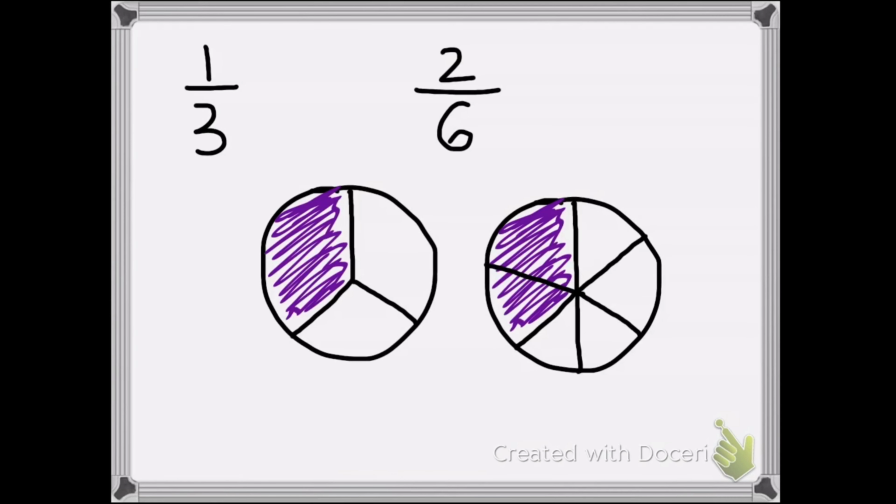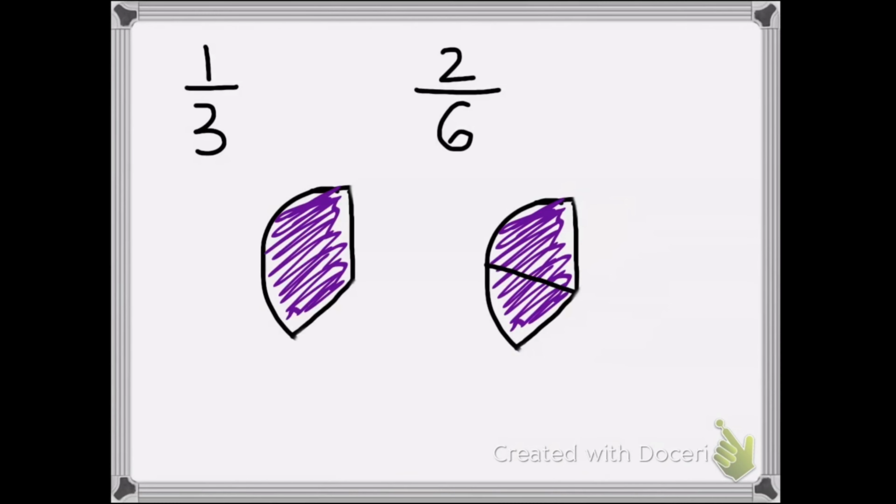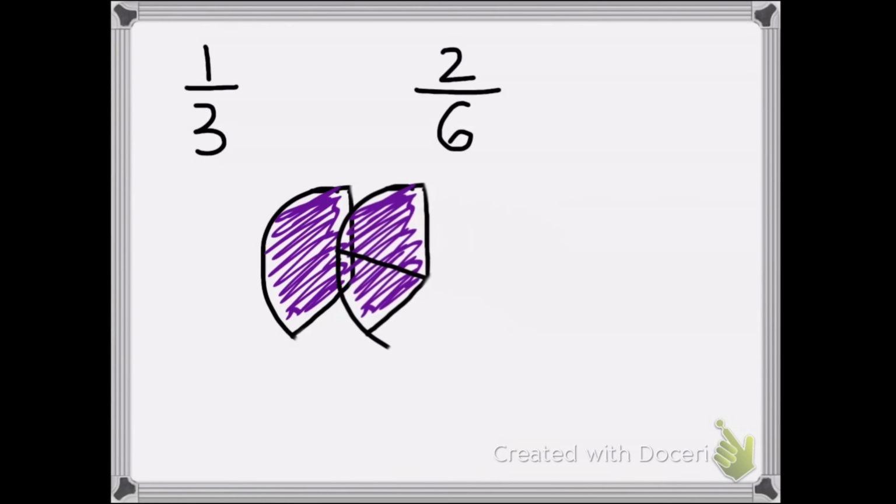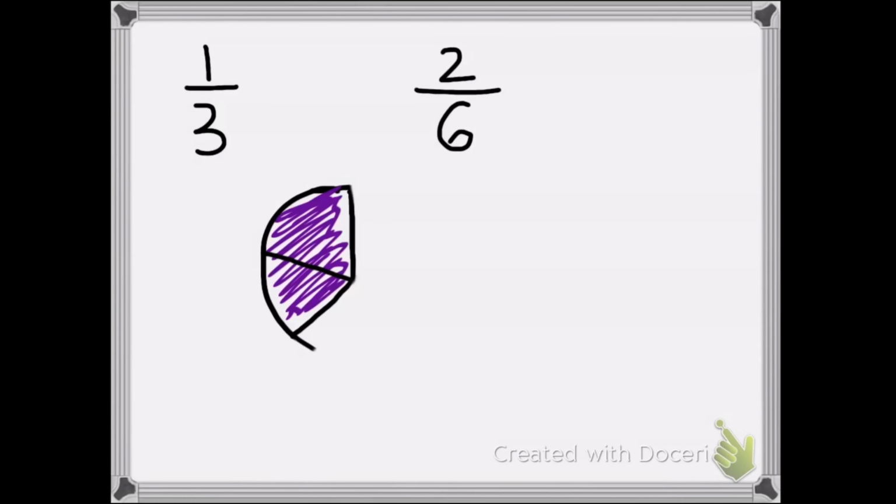Now, do you notice that both of the pies and the parts we've shaded are exactly the same? Let's compare. Let's erase the parts that are not shaded in the pie. Now the second pie. Okay, we've done that. Now, let's compare both the shaded parts of the pies.